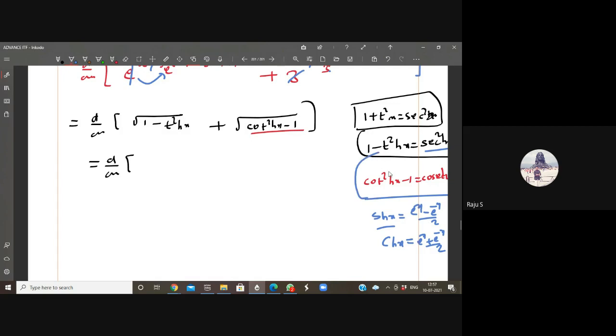Coming to hyperbolic functions, this will be changed. So this is directly secant hx, cosecant hx. Okay, students. But coming to the derivative, both will be negative. Actually, the derivative of secant x is secant x tan x in trigonometry.